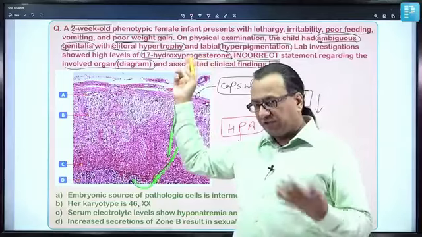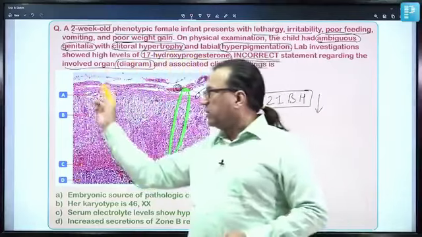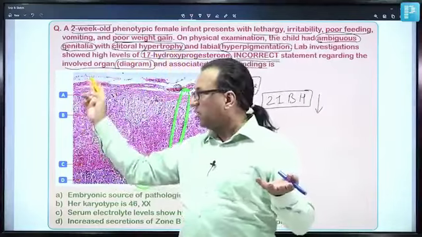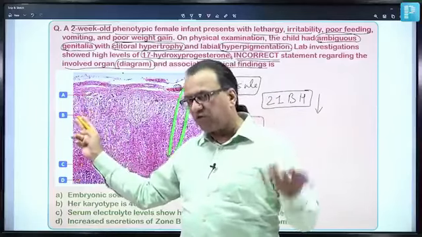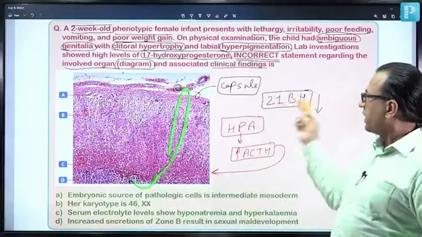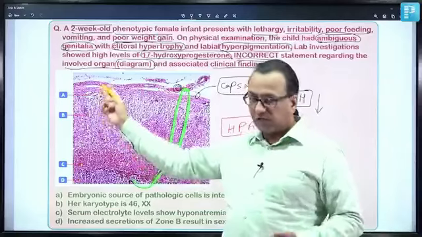But then there is increased ACTH, which further leads to increased 17-hydroxyprogesterone steroidogenesis enzymes. These enzymes will ask the zona glomerulosa and zona fasciculata to increase their secretion, which cannot happen, because due to genetic mutation we already had the deficiency of 21-beta hydroxylase. So these zones are unable to produce any more secretions.